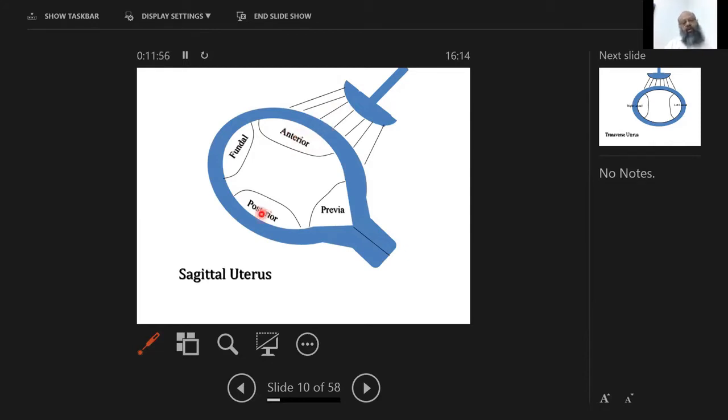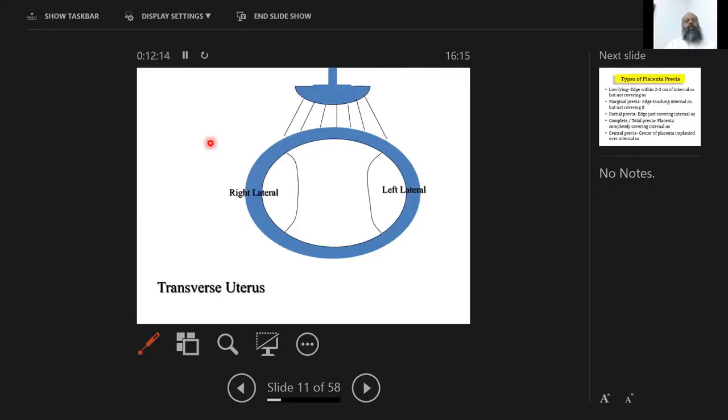Away from it, towards the vertebra, will be posterior, and anything near to the internal os will be previa, whereas the fundal will be towards the fundal end of the uterus.